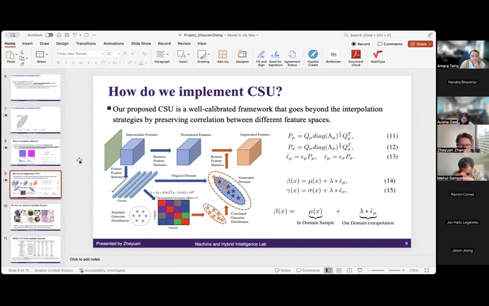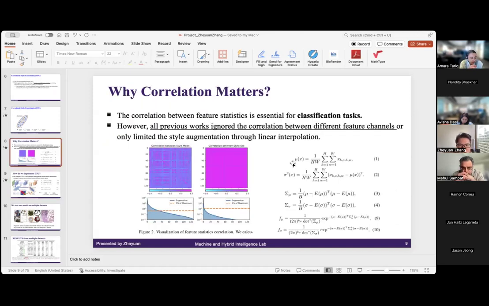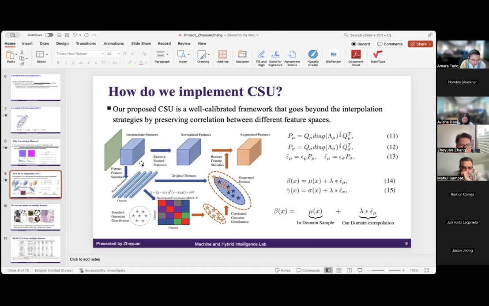Yeah. Here the feature statistics are first defined by the mean and the standard deviation values of these features at case level. For example, for one case and for every channel, we calculate the mean and the standard deviation. At this step, we split into two parts. One is removing the feature statistics.